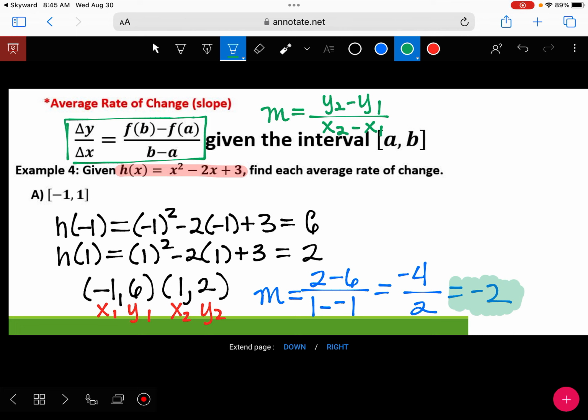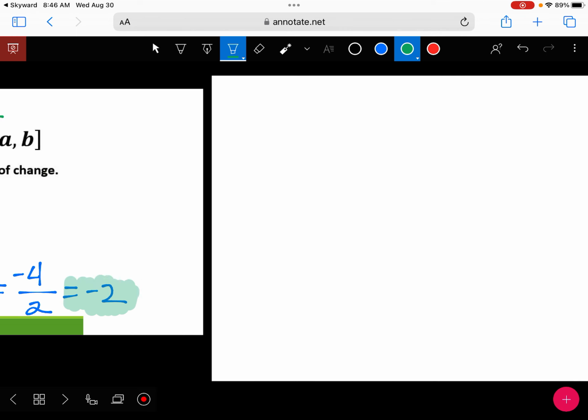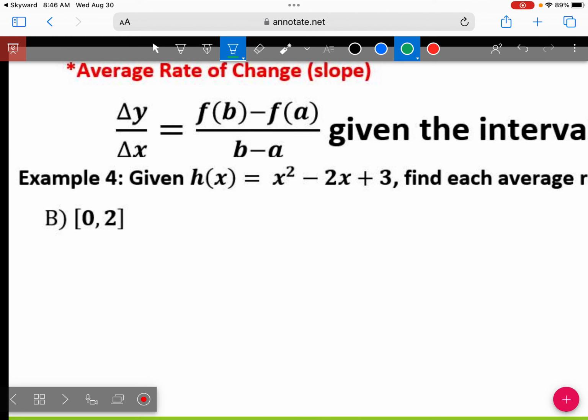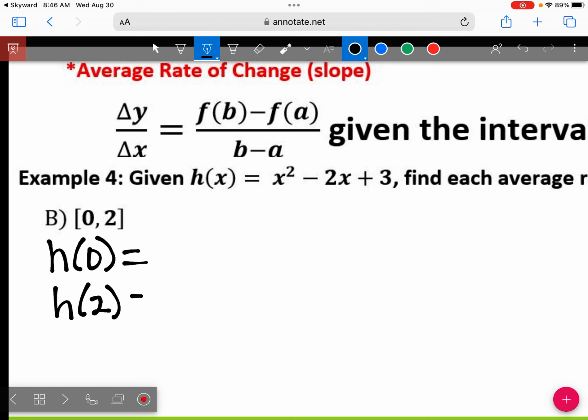So using the same function, let's do it with 2 more x values. Let's find the rate of change. So now you need to find h of 0 and h of 2. So that would be 0 squared minus 2 times 0 plus 3.